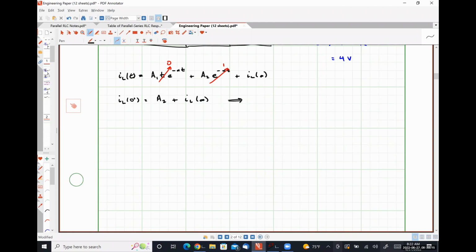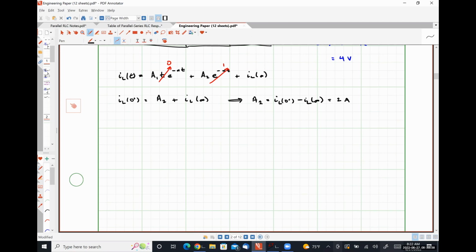Rearranging slightly, we can say that A2 is IL of 0 plus minus IL at infinity. IL of 0 plus was 2 amps. IL at infinity was 0 amps. So this looks like 2 amps.